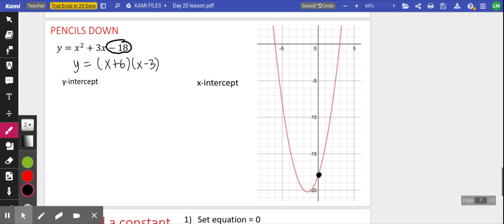Negative 18. But I can see there's a 3 and a 6 here at 3, 0. That's an x-intercept. And negative 6, 0 is an x-intercept. So remember how to find the y-intercept here. You plug in 0 for x. That was the easy part, right?